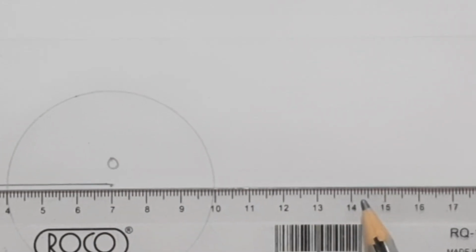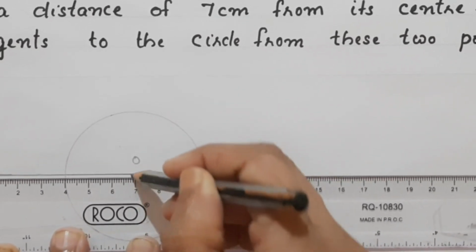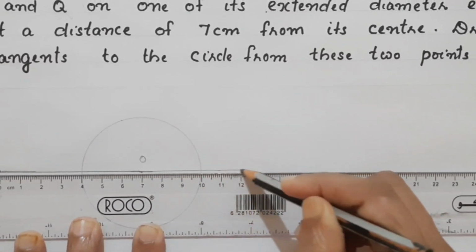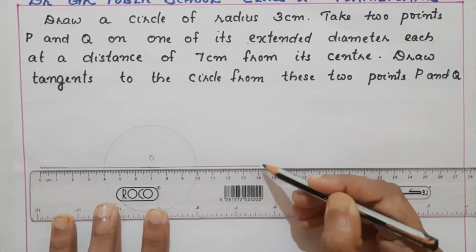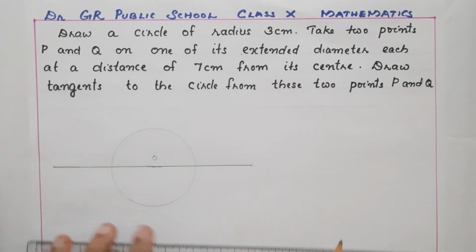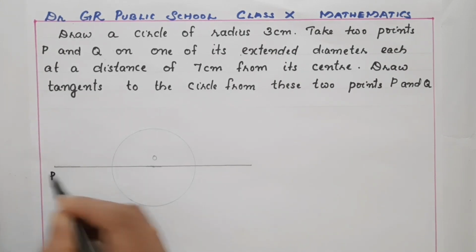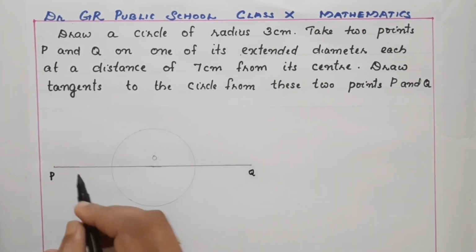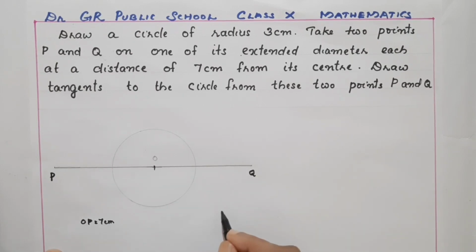Now from here also we have to take 7 cm to get Q. So this point is Q. So this is P and this is Q. And here OP is 7 cm and OQ is also 7 cm.